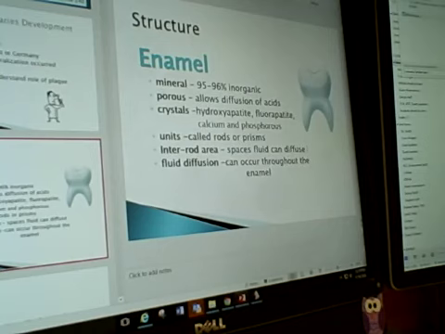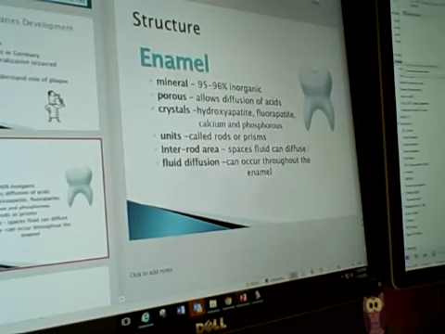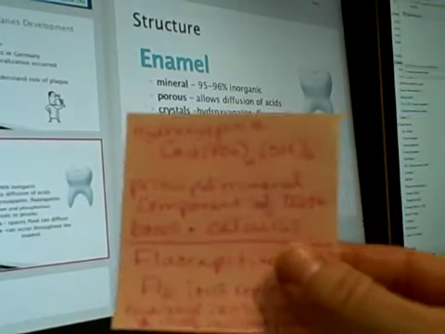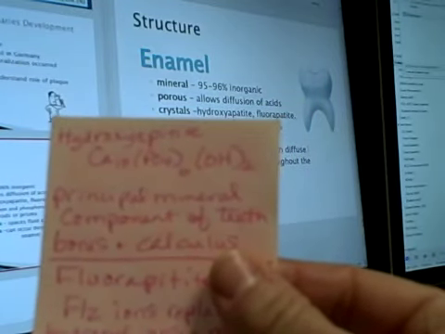And we talked about hydroxyapatite as the primary enamel crystal, and that was where we wrote the Ca10 in parentheses, PO4 outside of the parentheses the 6, and then the OH2. I'm going to hold up a little post-it note, hopefully we can see there on the top, the hydroxyapatite.